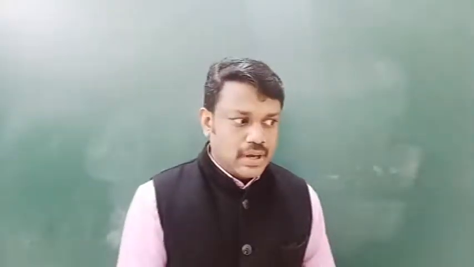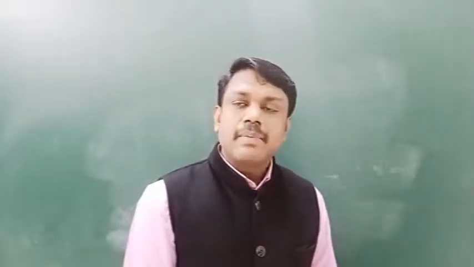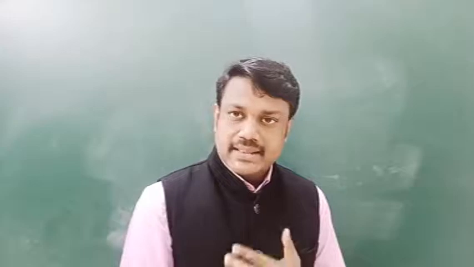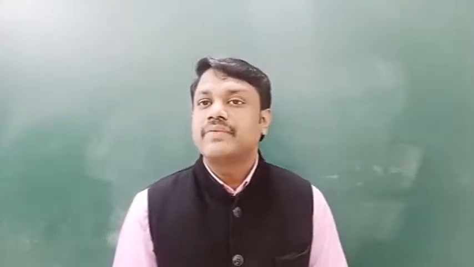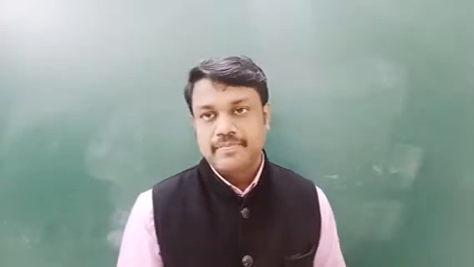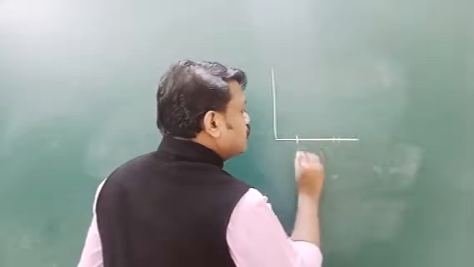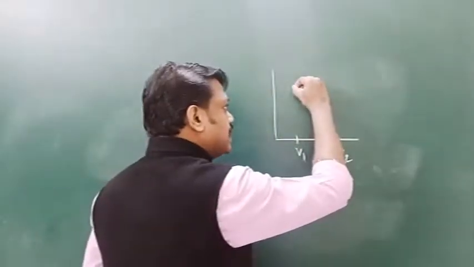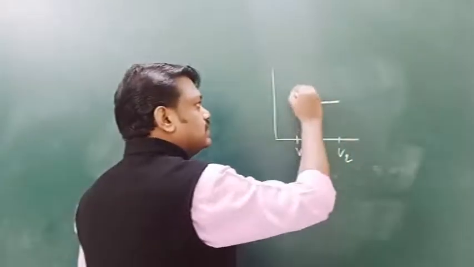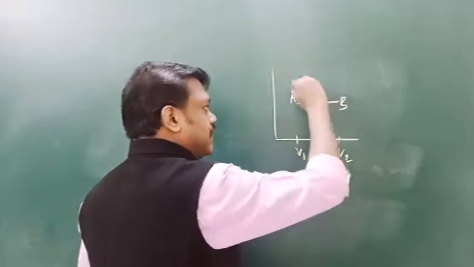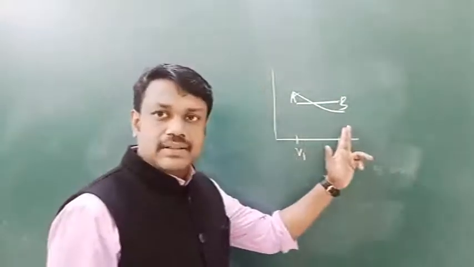From the above two diagrams, it is clear that work done by the system, or work done in a thermodynamic process, does not depend upon the initial point and the final point, that is, the initial state and final state. Because from V1 to V2, it can vary like this, between state A and state B, or it can go through another path.